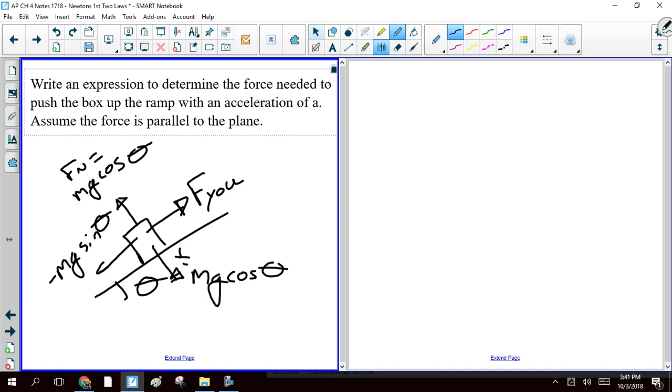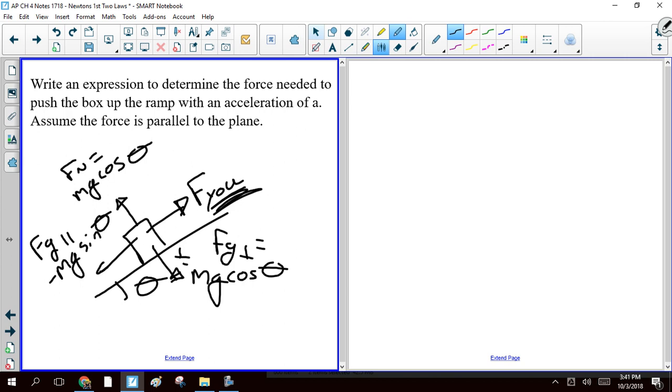I guess I should label these. This is my Fg perpendicular, and this is my Fg parallel. Okay, so I think that's it. Those are all of my forces. And in this one, it's fairly obvious that the force of u had to be directed up the hill. If you didn't know that, the next step would reveal that information to us.